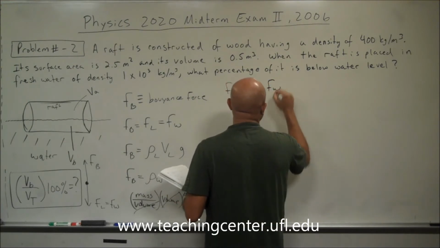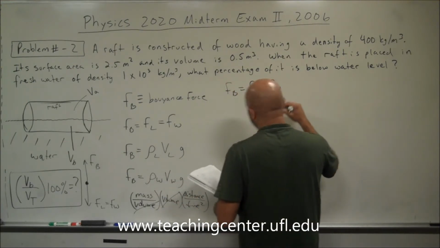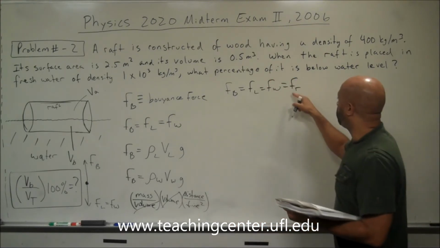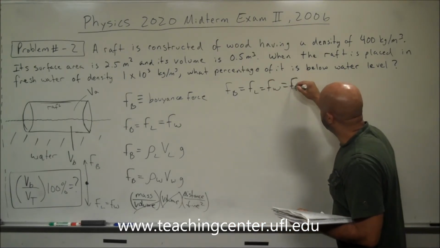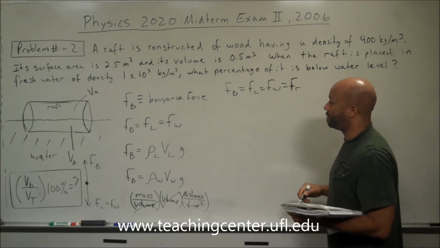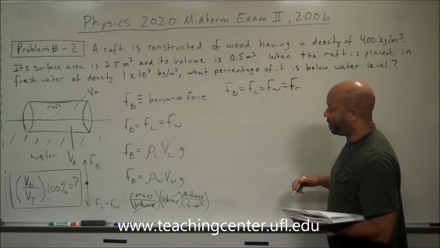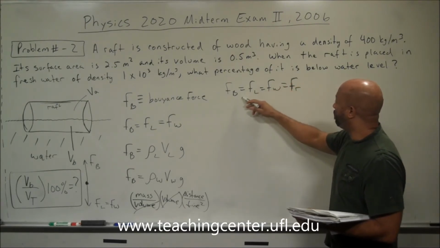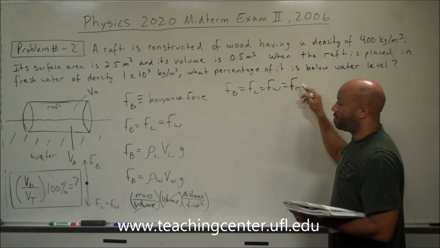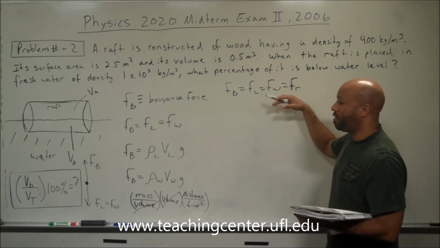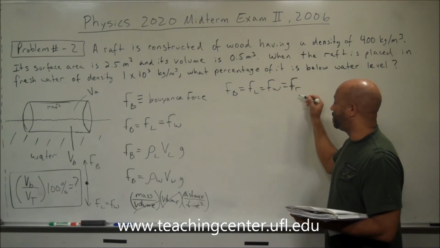In this particular case, it's the force of the water, which is equal to the force sub R. Okay, so that's equal to the force of the raft. Okay, so basically the buoyant force, the force of the raft is equal to the force of the liquid that's actually displaced.